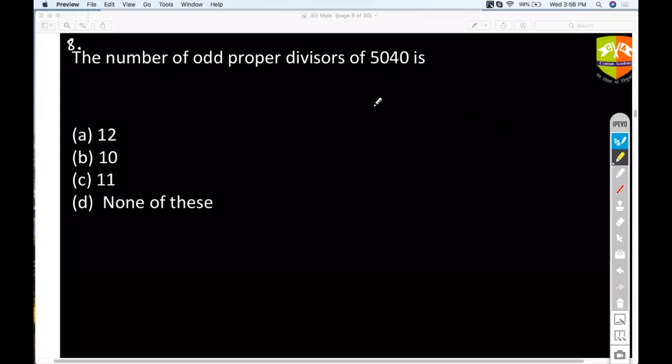All right, so first let us factorize 5040. So 5040 can be factorized as 2 to the power 4, 3 to the power 2 into 5 into 7. Correct? Now, if you want all the factors to be odd, you should not select any factor 2.